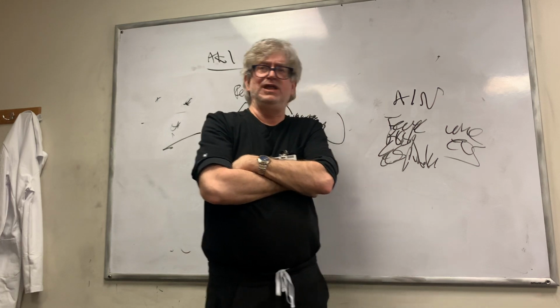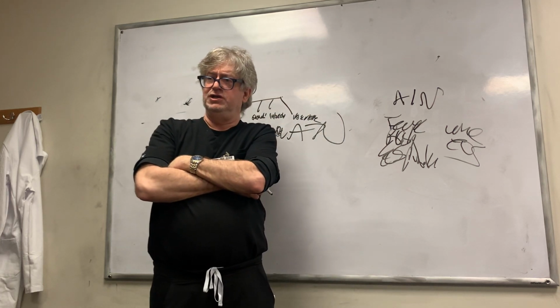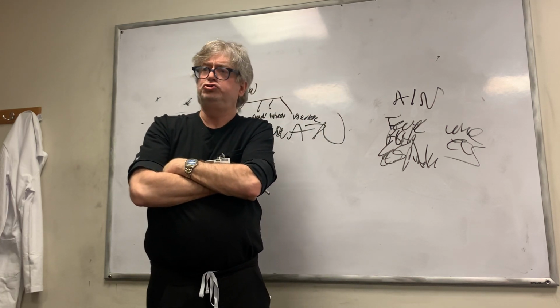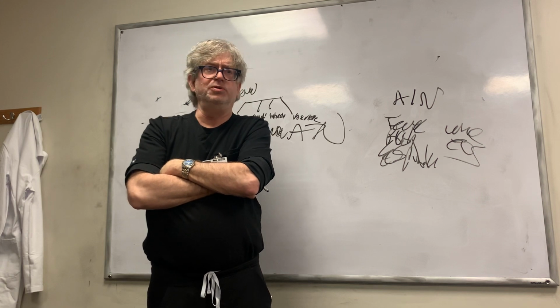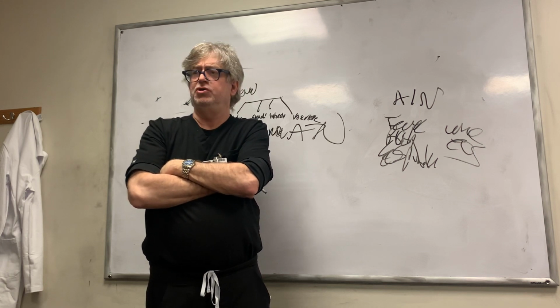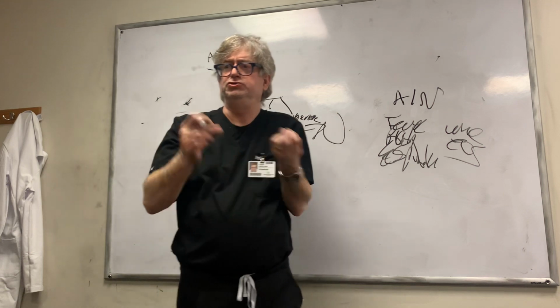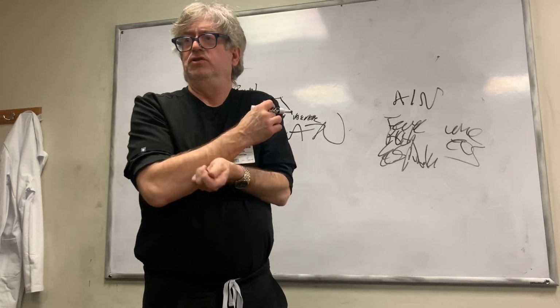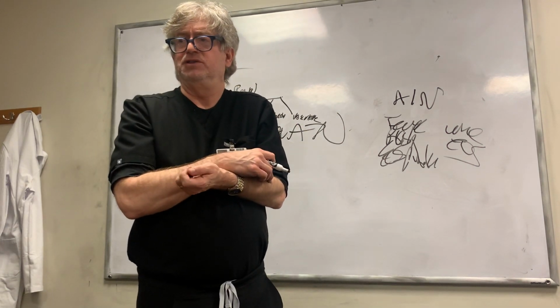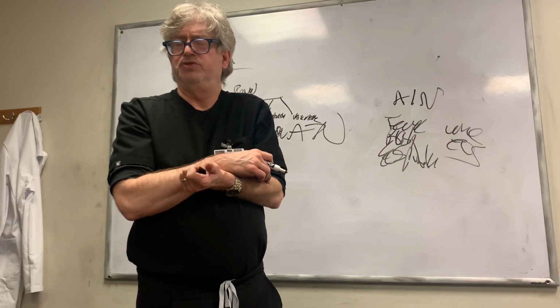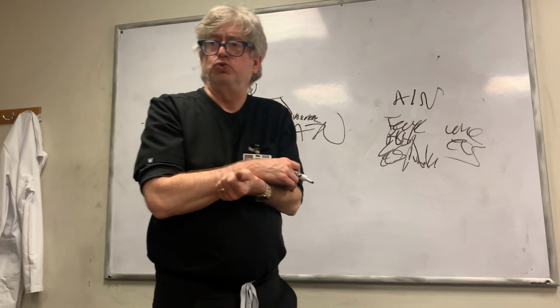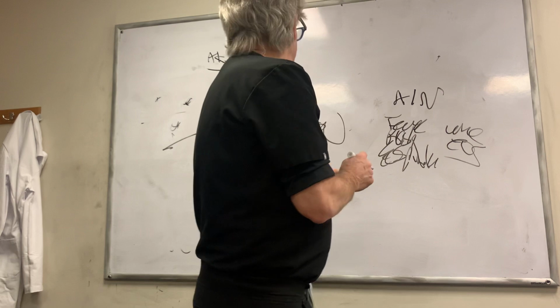Originally reported with antibiotics like penicillin and sulfa. The drugs that do this the most are probably the PPIs. If you have somebody on a PPI, and they develop this, you have to think about that. They've also reported this with thiazides, with non-steroidals, and with other drugs.